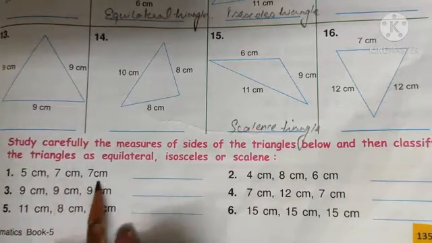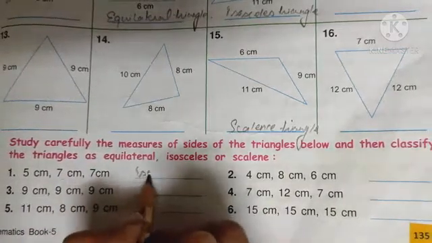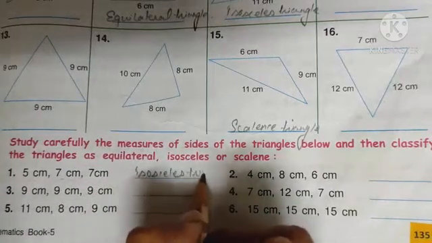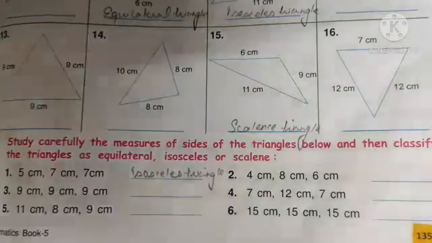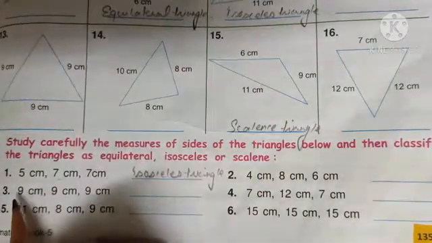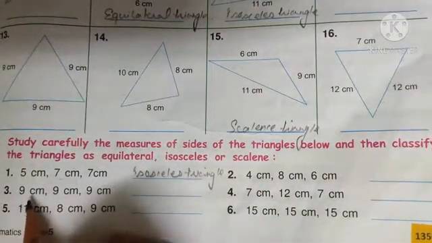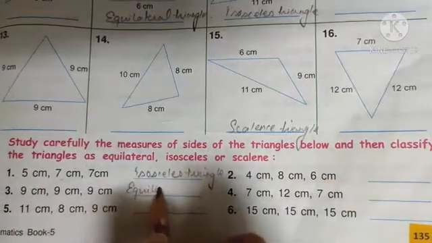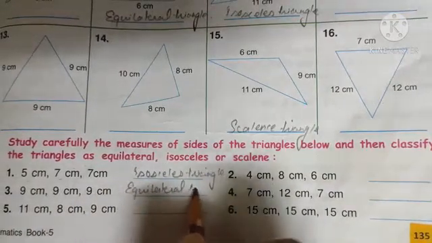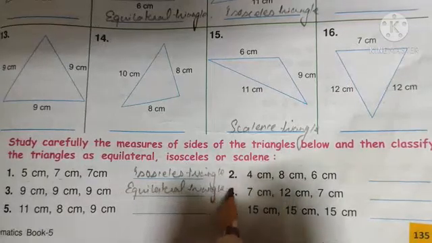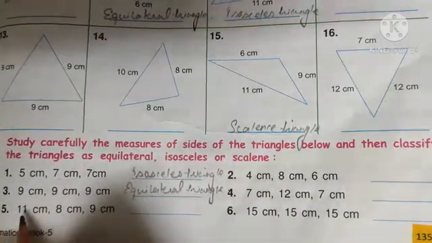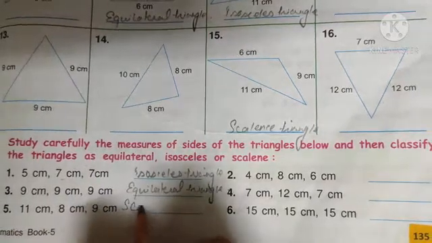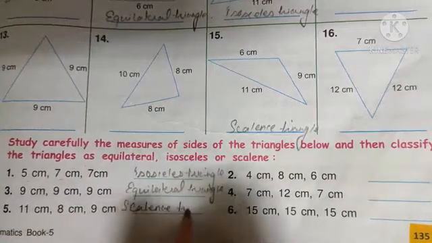Two sides are equal, so this is an isosceles triangle. And here number 3, all sides are equal, all sides of 9 cm. So this is an equilateral triangle. Now number 5, all sides are of different length, so this is a scalene triangle.